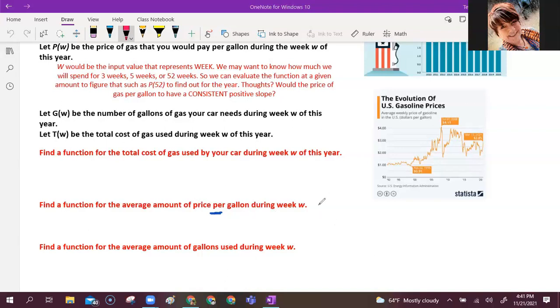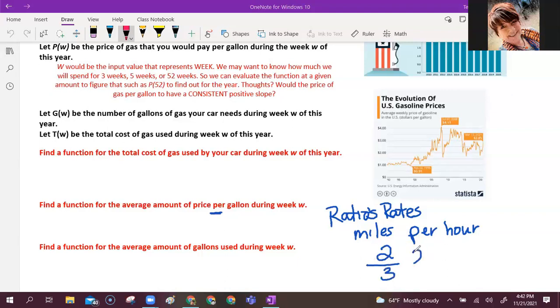Because if you go back to that concept of ratios, when we said miles per hour, you learned that you can write those a lot of ways. You can write them on top of each other, it looks like a fraction. You can write them with the word to, or you can write them with the colon. But this line right here means per.